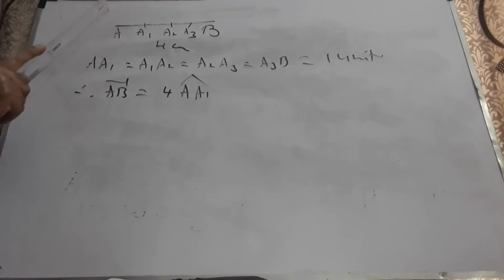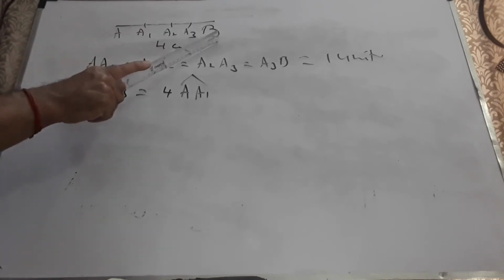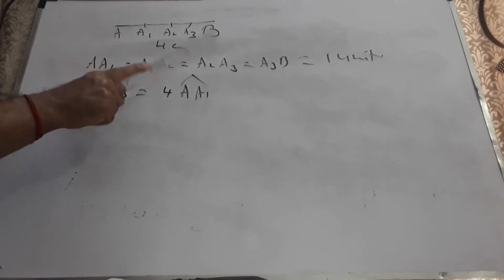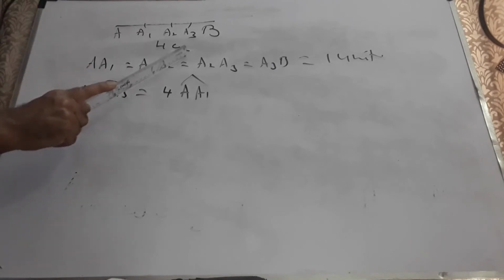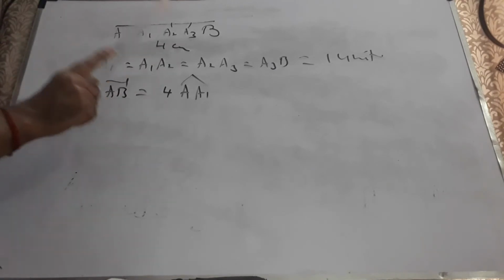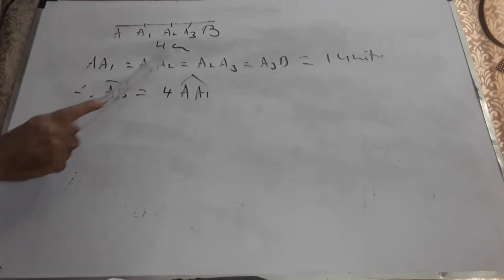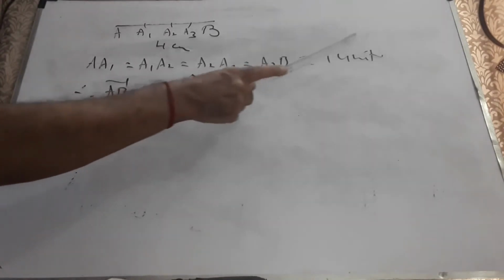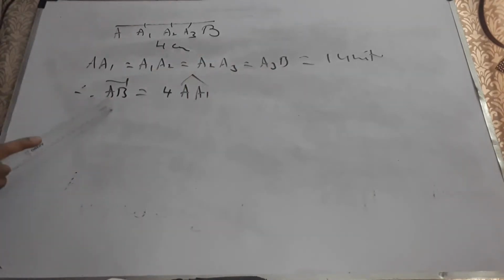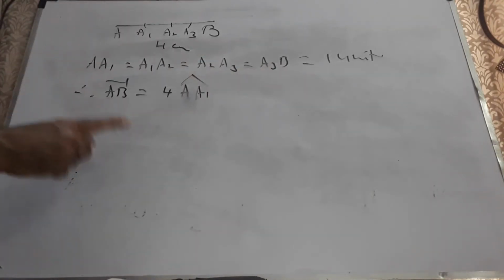I repeat, if I am given a vector AB of length 4 centimeters, let us say, I'll be able to think about 3 points in between A and B, such that AA1 is equal to A1A2 is equal to A2A3 is equal to A3B is equal to 1 unit. Therefore, vector AB can be written as 4 times the unit vector along the same direction.